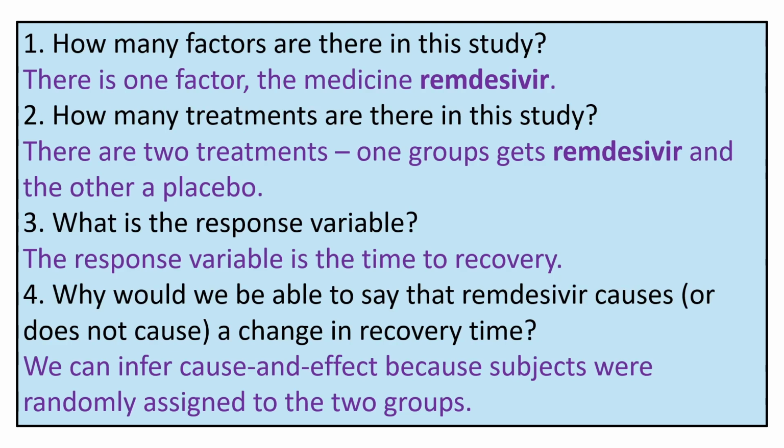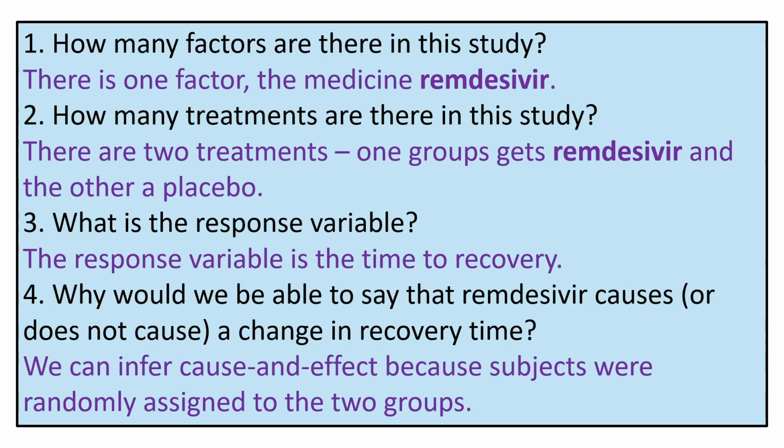We select patients at random and assign them to those two groups randomly. In doing so, the hope is that any impact of all the other sources of variation will be about the same for both groups. They'll be about the same on average because we randomized.